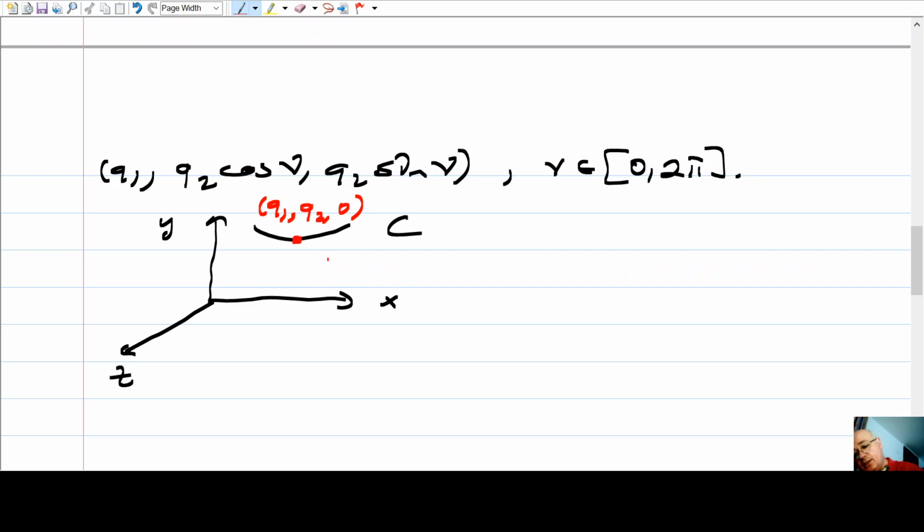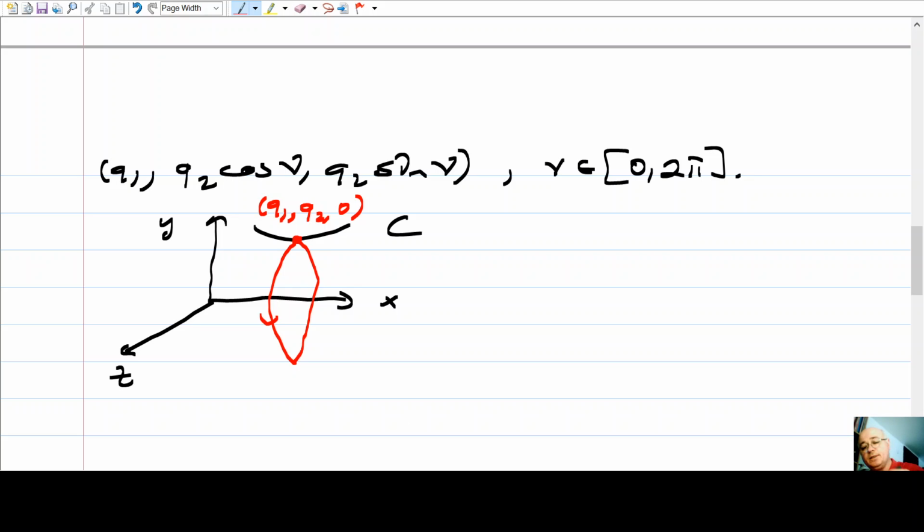So I rotate this curve about the x-axis. So this point will sweep a curve like this, right?